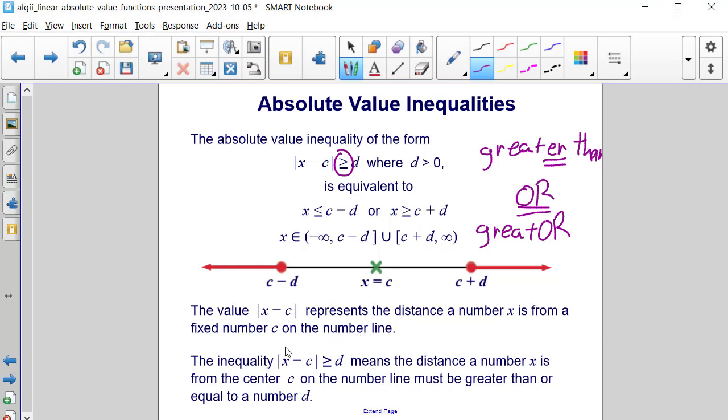Also, the inequality, the absolute value of the quantity x minus c being greater than or equal to d, means the distance a number x is from the center point c on the number line must be greater than or equal to the number d. So it's got to be at d and beyond.